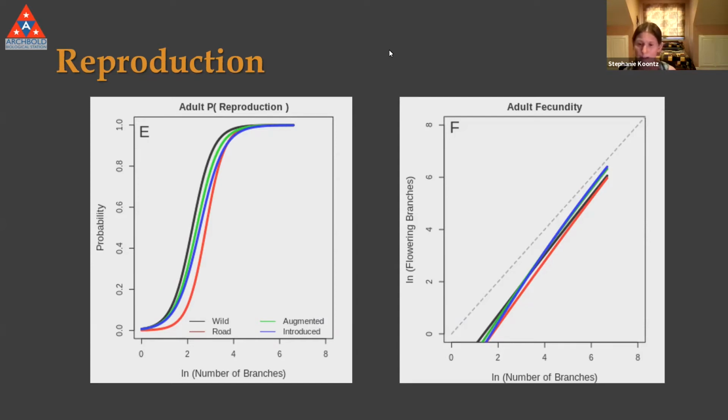But what I want to point out is that in the lower end of this graph, our black line of our wild gaps is on top, indicating that they have fewer branches, but more of those branches are flowering. But then that trend actually tends to shift for larger plants. For larger plants, more of their branches are flowering for both of our translocation populations than would be expected in both of our wild populations.